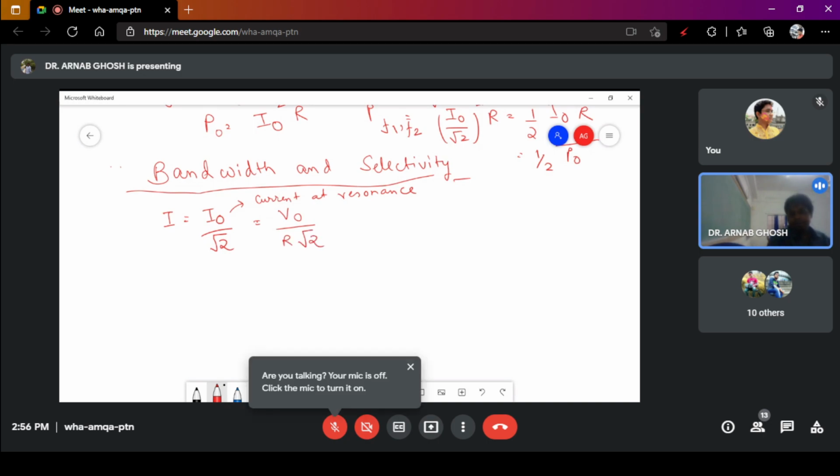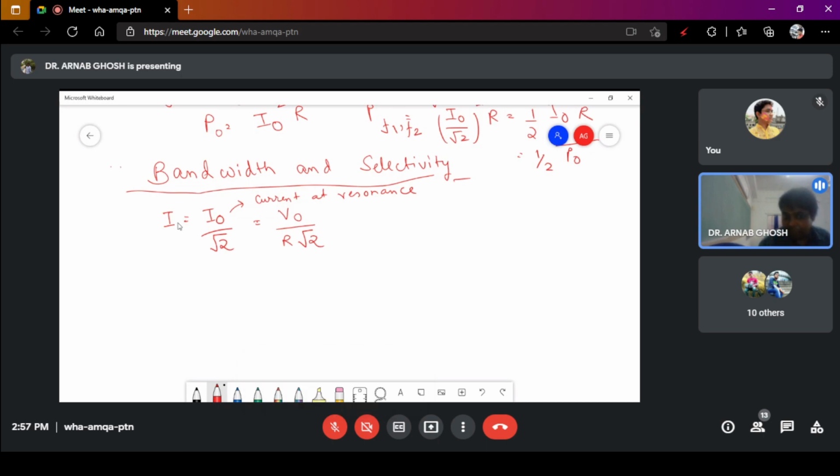Please focus on this. The current at frequencies F1 and F2 is 1 by root 2 times the current at resonance, which is maximum for the series circuit. So what is I0?